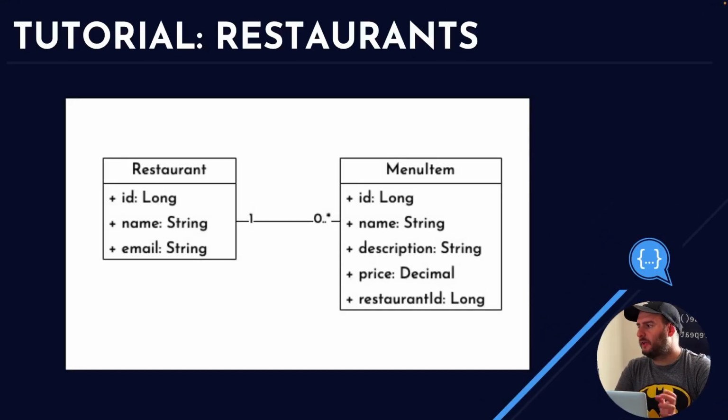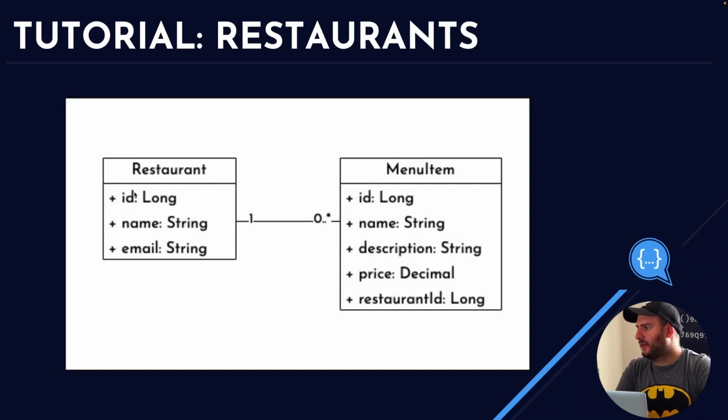Okay, so for our tutorial, we're going to create these two tables in our database. We'll have the restaurant table, which has an ID, the name of the restaurant, and an email. And then we'll have a menu item. And the menu item will have an ID. It will have the name of the menu item, the description, the price, and finally, we'll have the restaurant ID, which tells us for which restaurant this menu item is.